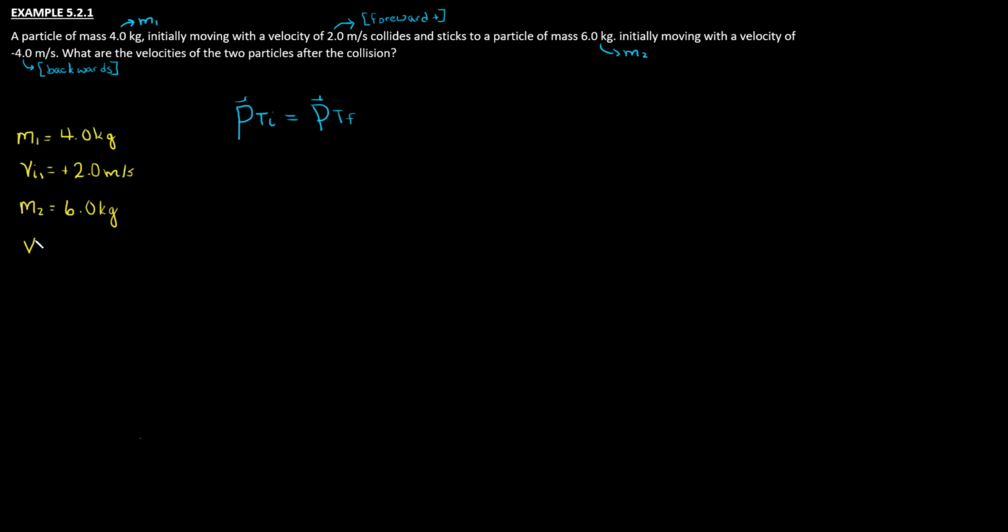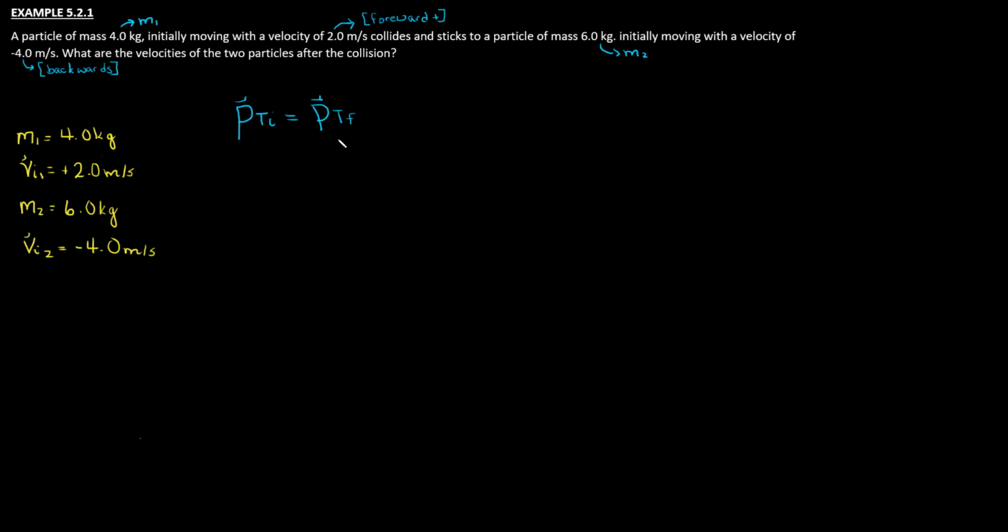And it has an initial velocity of -4 meters per second. Okay, so much like we do with forces and everything, notice I've already signified the directions of my velocities here, right? So I don't really need to carry those directions forward when I'm going to solve.